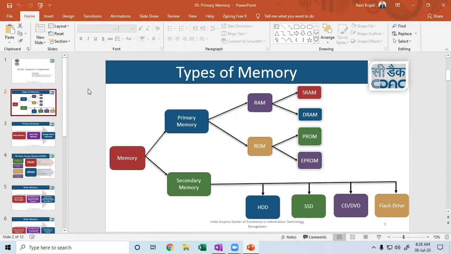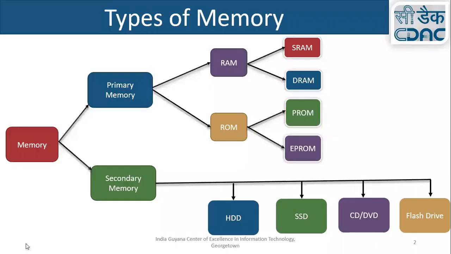Okay, so if you remember, we started with the primary memory, and then in this primary memory, we already discussed SRAM and DRAM, and in this SRAM section, we already discussed the cache memory and the registers.